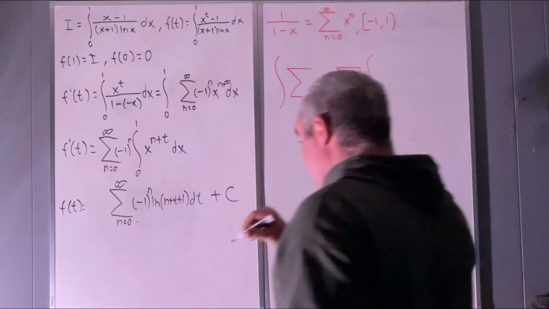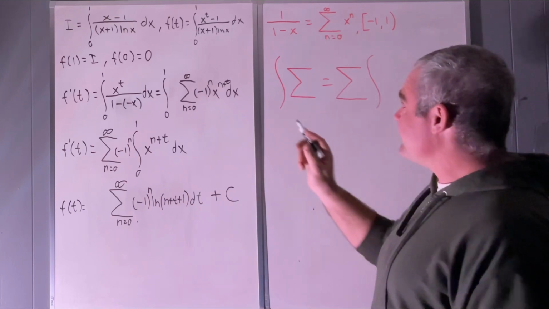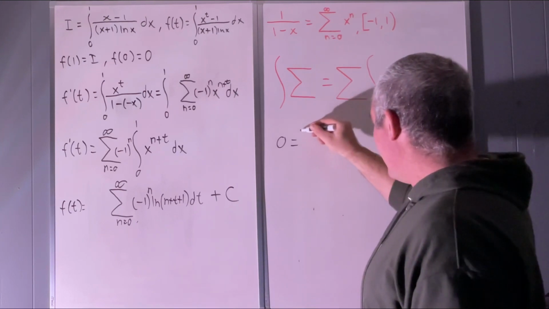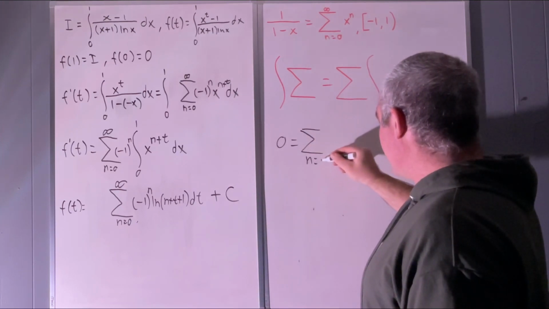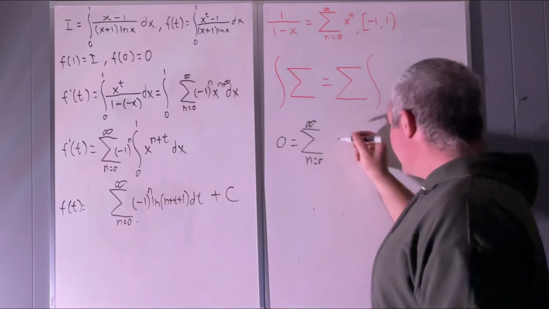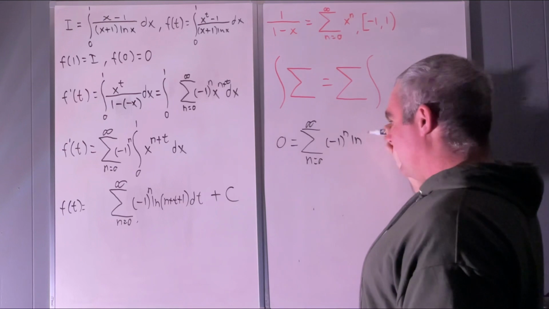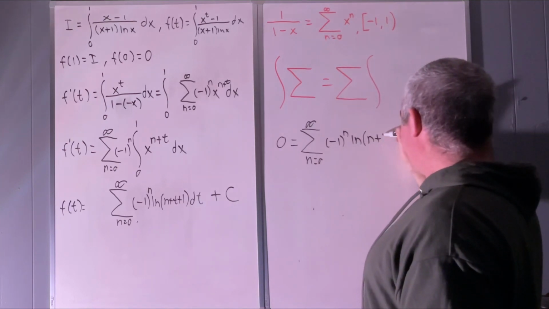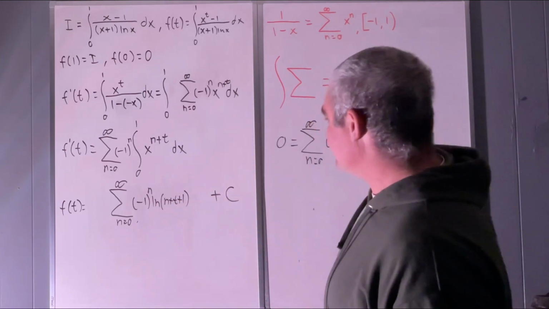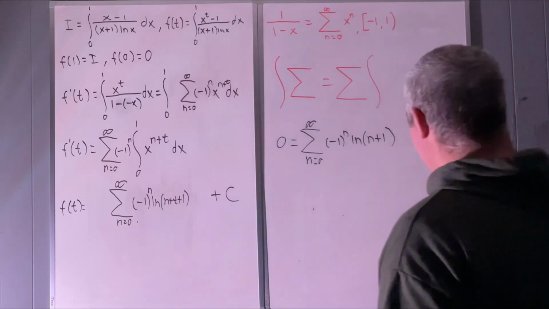Okay. So that would mean, let's do this over here. F of 0 is equal to 0. That means that 0 is equal to the sum from n equals 0 to infinity of this thing where t is 0. So that's still going to be negative 1 to the n times the natural log of n plus 1, plus c.